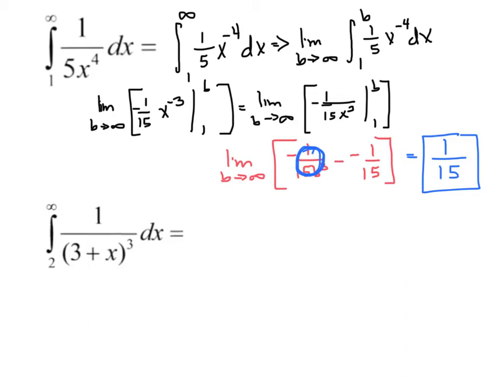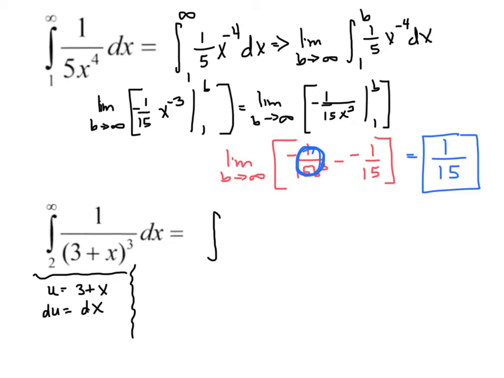In this next example, you're going to have a minor substitution here. I'm going to write this right underneath: u is equal to 3 plus x, so du is just dx. Now, I'm going to rewrite the whole thing with new bounds.